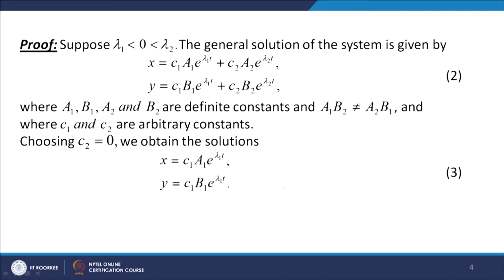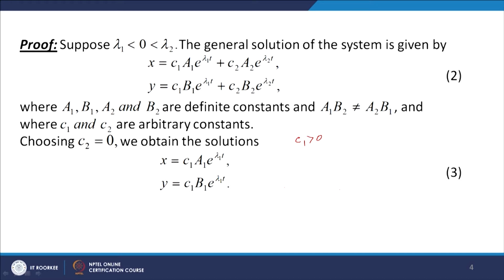Now, we will analyze the situation here as we analyzed in case 1. So, choosing c2 equal to 0, what do we obtain? We obtain x equal to c1 a1 e to the power lambda 1 t, y equal to c1 b1 e to the power lambda 1 t. Now, let us assume that c1 is greater than 0.